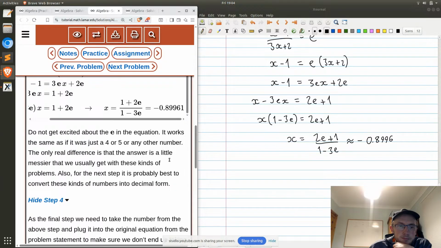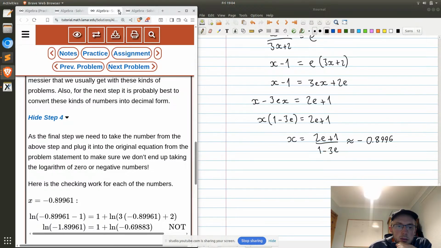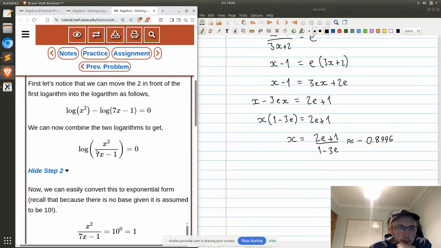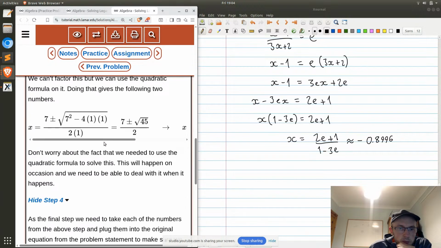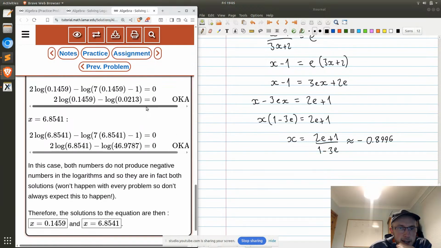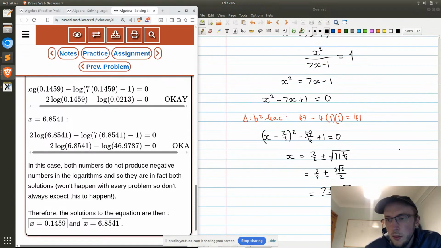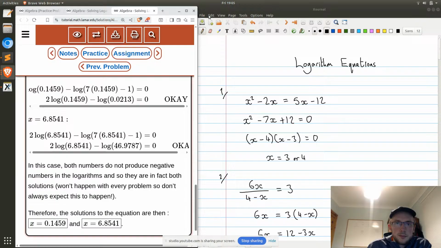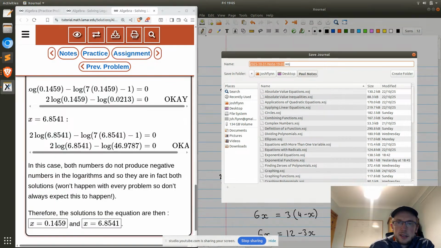That's correct. And last, this one. All right, so they get the same solutions I do, and they notice that was pretty small. And they checked, and that is okay, and that's good. Okay, so they're all complete. We'll save it.